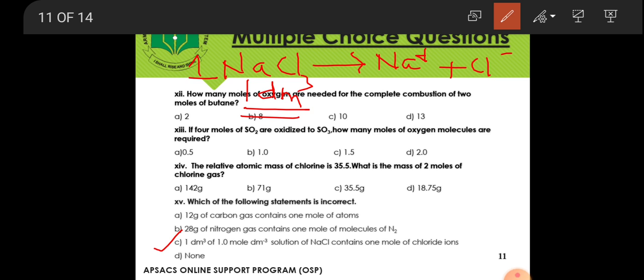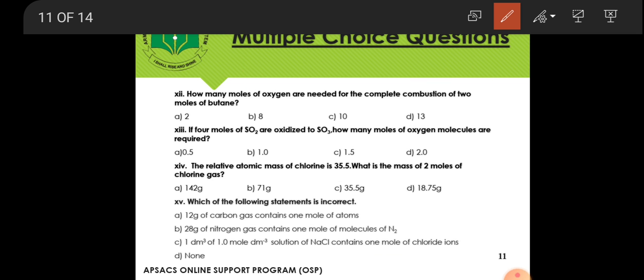The volume of the solution is 1 decimeter cube, and in this 1 decimeter cube solution, how many moles of NaCl are present? 1 mole of NaCl is present, and 1 mole of NaCl ionizes to produce 1 mole of chloride ion. So this is also correct. So which statement is incorrect? None of the statements is incorrect. So the correct answer is D part.